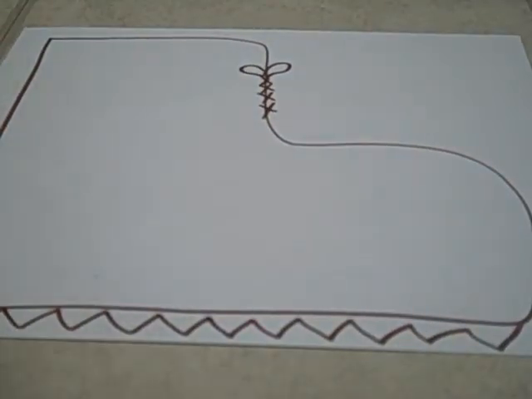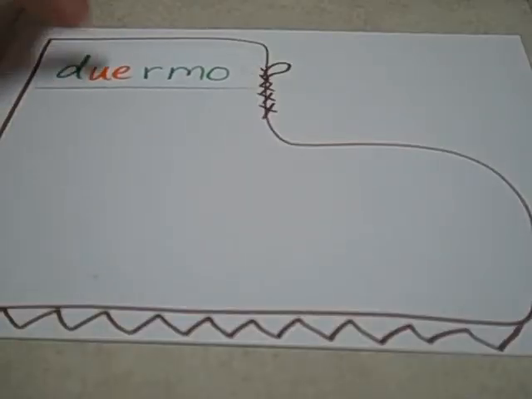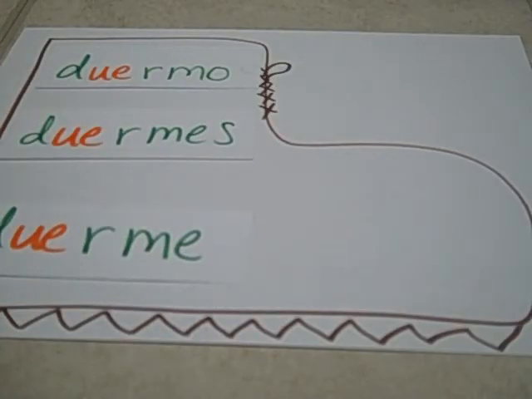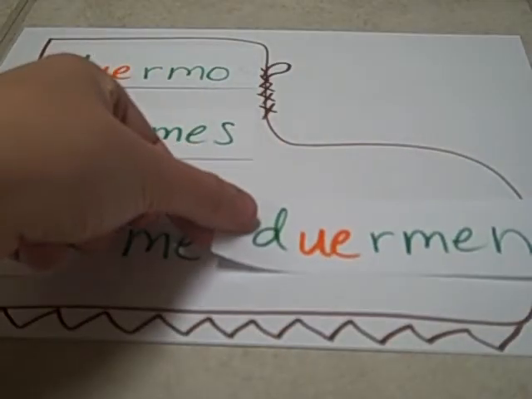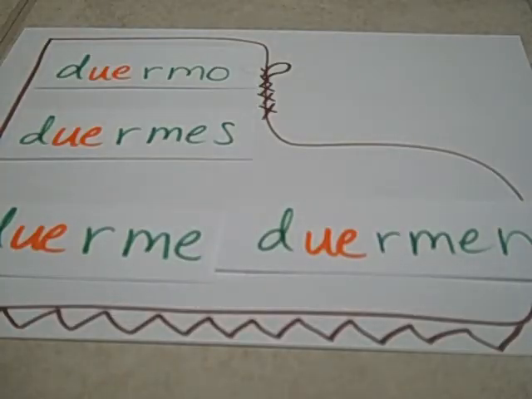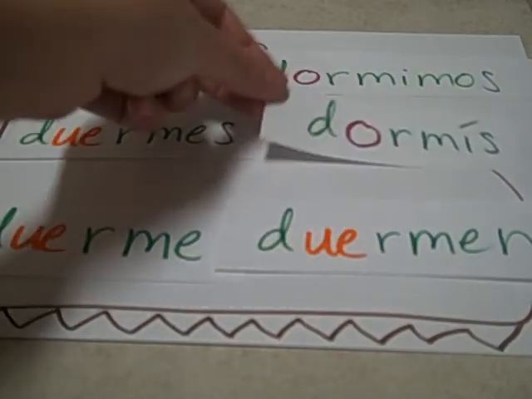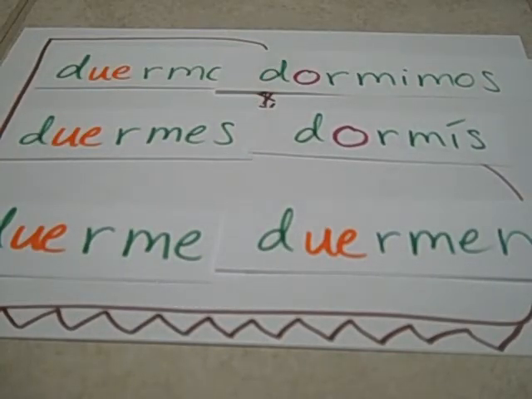Yo duermo. Tú duermes. Usted duerme. And ellos, ellas, ustedes duermen. But remember, just like the other categories, the nosotros and vosotros do not change. So all in all, we have nosotros dormimos and vosotros dormís without the change.